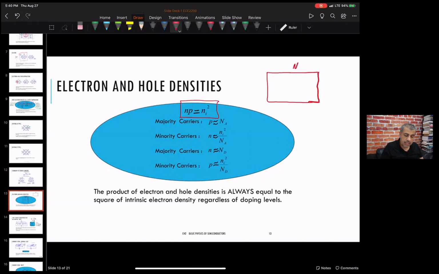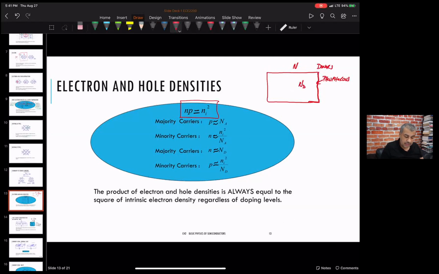N-type means that it has excess donors, meaning it has, you know, phosphorus or something like that, doped or implanted in there at some density, N sub D. So let's say this is the case.